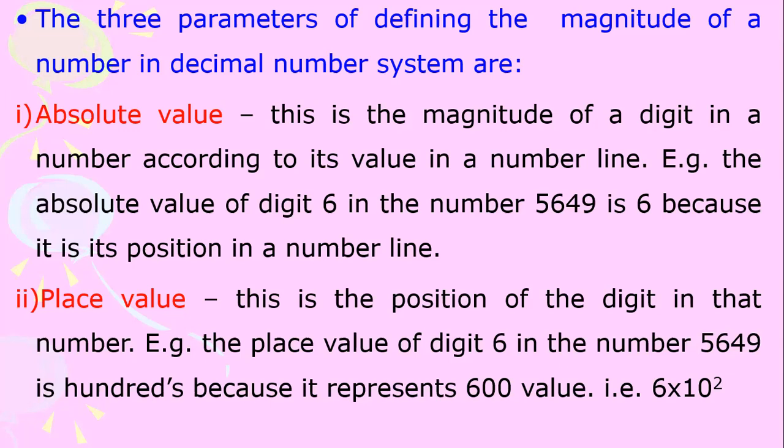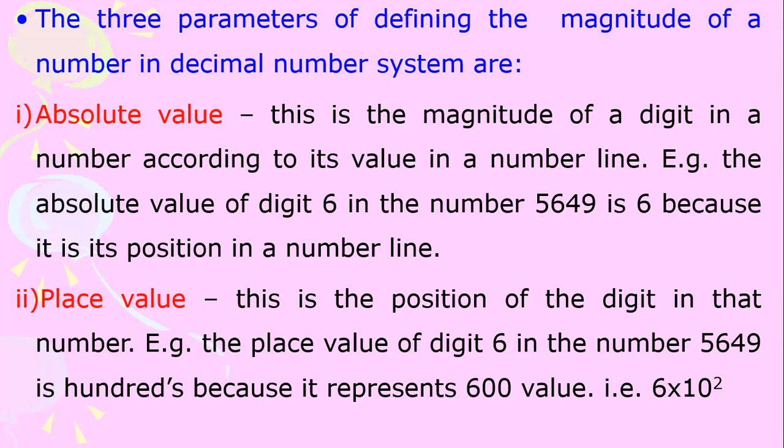Because the position of 6 in the number 5649 represents 600. That's why if we were to read 5649 fully, it would be 5,649. So 6 represents the hundreds position, and those hundreds are 6.